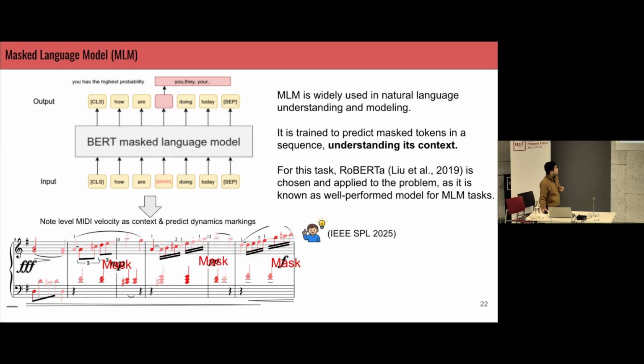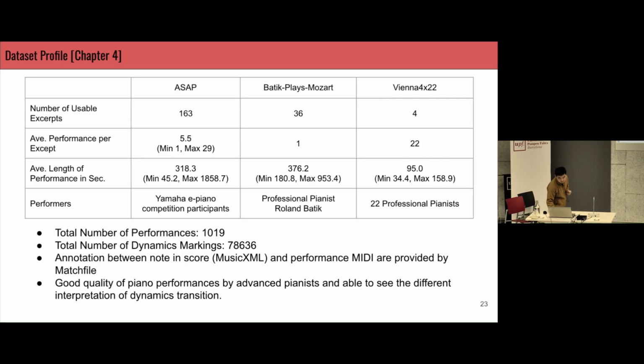So yeah, I masked dynamics markings in a score and gave the model these performed notes with velocity. To make this happen, I created a dataset. Those three datasets provide the performed MIDI and the score information, which is written in MusicXML. These datasets have a match file to bridge between performance MIDI and the score information at note level.